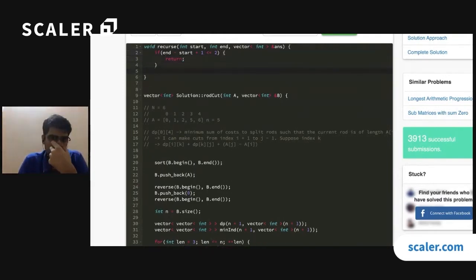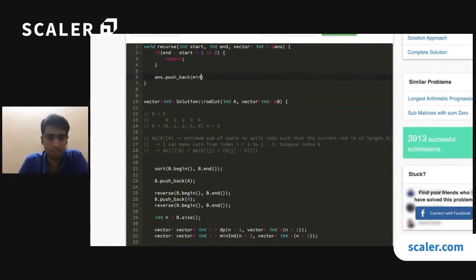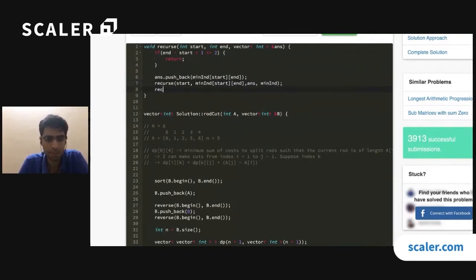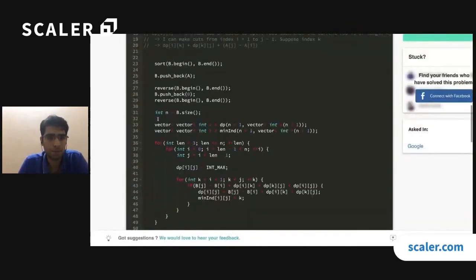Else, I will say answer.push_back of min index of start, end, and then recurse for start to min index with the answer and min index. Similarly, I then recurse from this to end, passing the answer and min index.